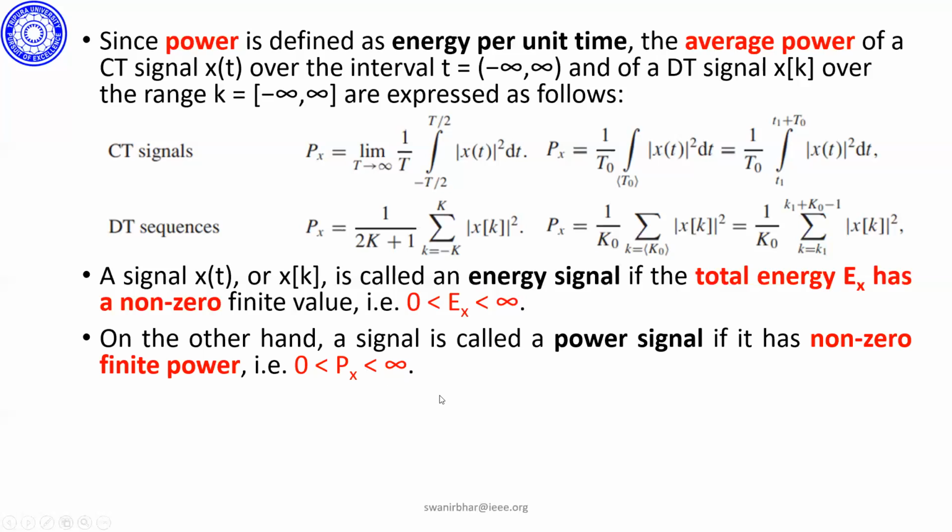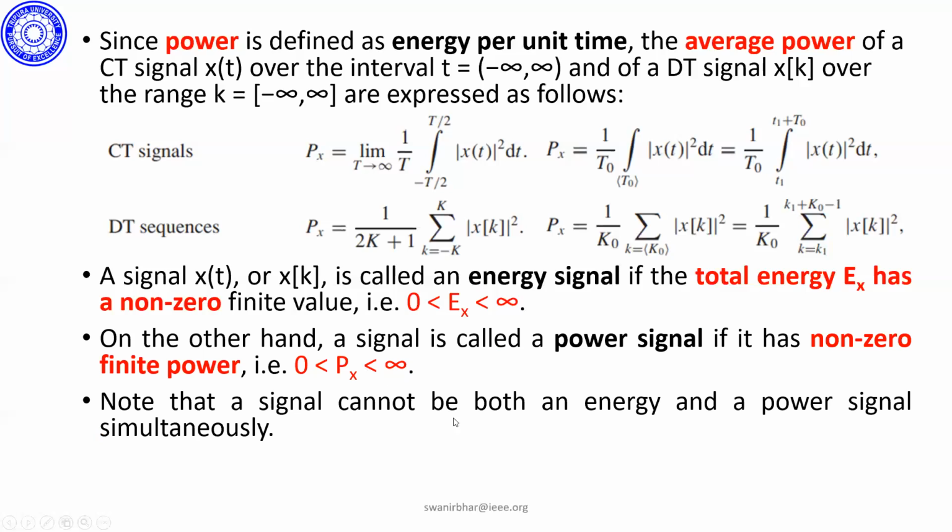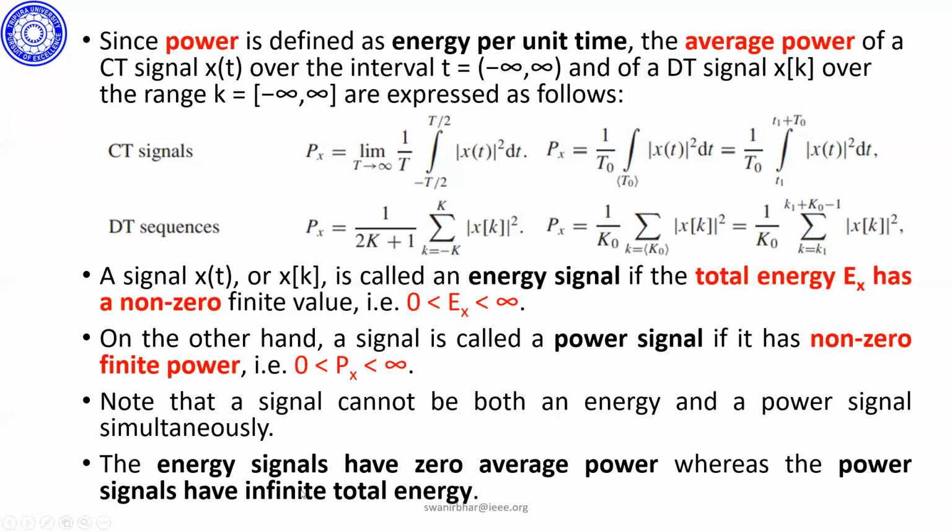So any signal can be either energy or power. If it has finite energy, it is an energy signal. If it has infinite energy, it is a power signal. Infinite power is actually not technically possible. Energy signals have zero average power, whereas power signals have infinite total energy. That is the basic difference between energy and power signals.